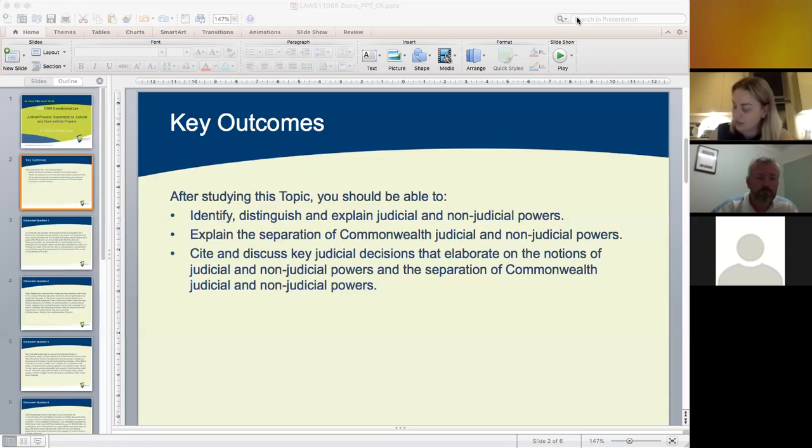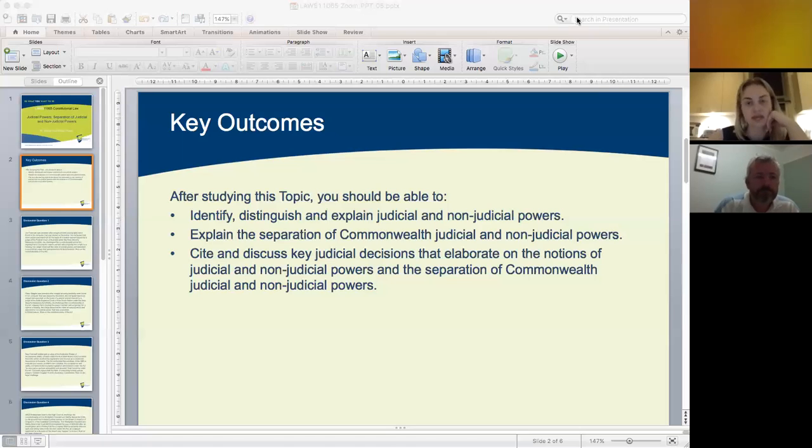Now, there is a distinct set of judges, the state judges. State judges do not belong to Chapter 3 courts because they're judges of the state. So if a judge is a state judge, he would belong to a state court and not a federal, that is a Chapter 3, court.